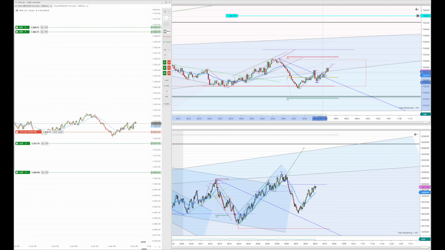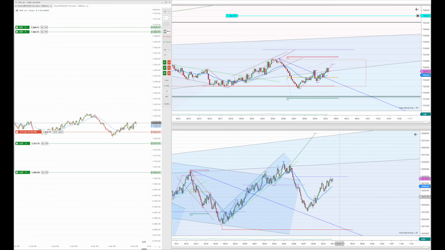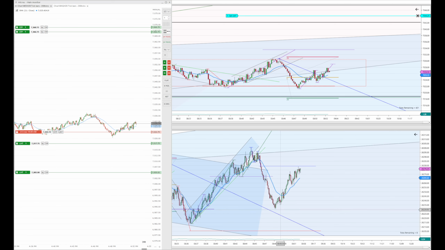Okay, so new high made here. Now a push below the EMA would be a good indication of bearish momentum, although NQ is quite strong today.